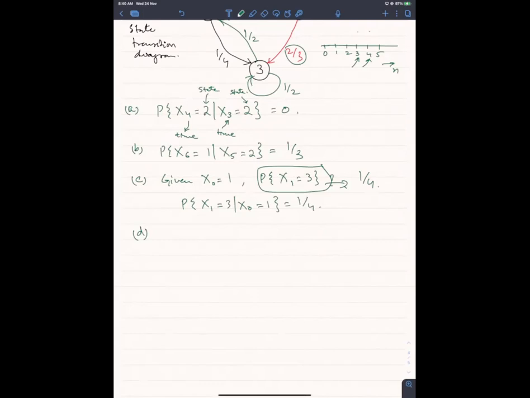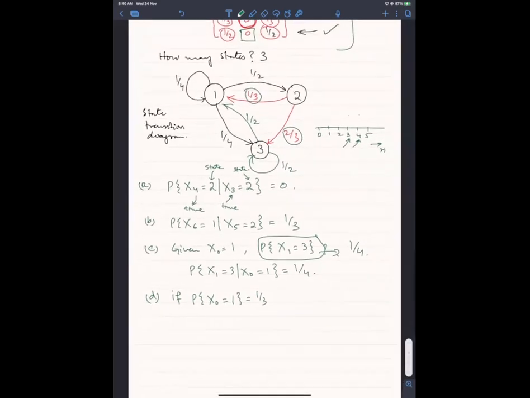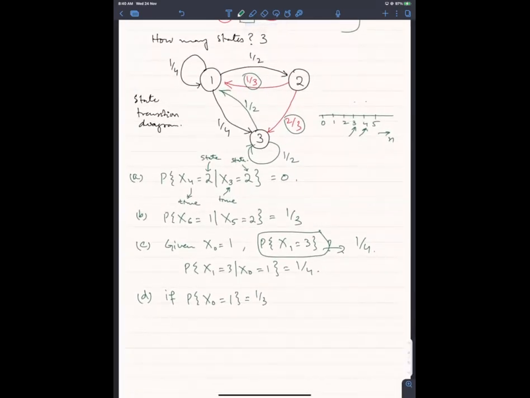So I'm going to ask another question. If probability of x naught is equal to 1 is equal to 1/3, there is a 1/3 chance you started the process at t is equal to 0, at n is equal to 0. तो 1/3 chance था कि वो इधर होगा, 1/3 chance था कि state 2 में होगा, 1/3 chance था कि you will start with state 3. ठीक है.